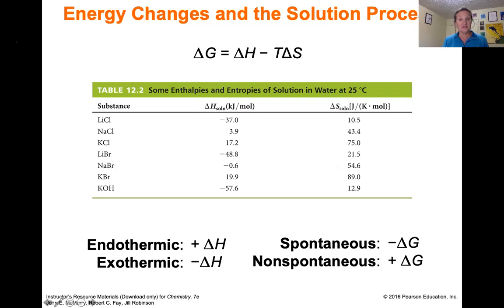So some things are soluble in each other and some things aren't. So if those components add up, when you add the temperature in there, to give you a negative delta G, that process will be spontaneous. So whatever you're trying to mix will make a solution. If it's positive, then the opposite is true. Your solution won't form. Something won't dissolve when you look at those delta H's and delta S's that go with that process.